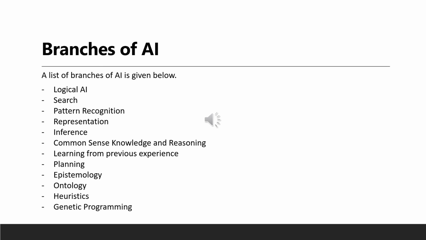And like I said earlier on, a concept goes beyond a branch because it can actually be a field on its own. Then we have representation, where languages of mathematical logic are used to represent the facts about the world. We have inference, where others can be inferred from some facts.